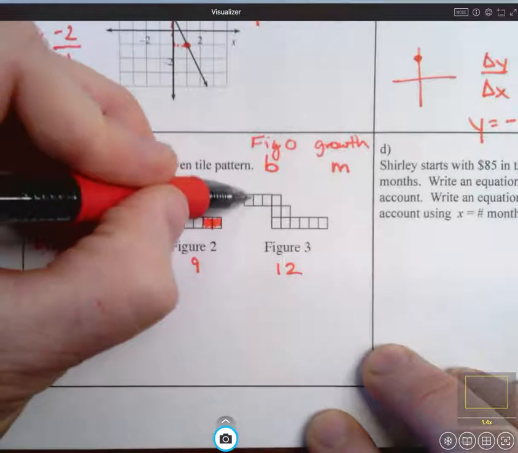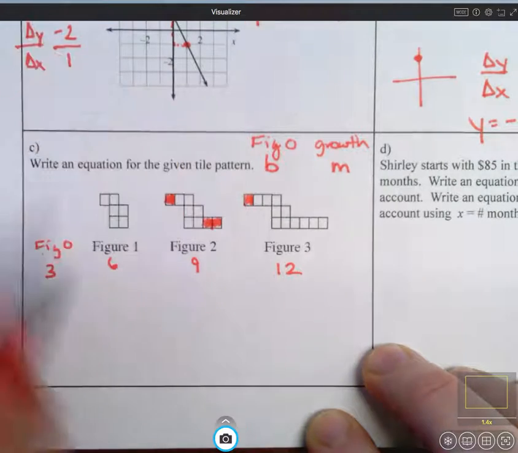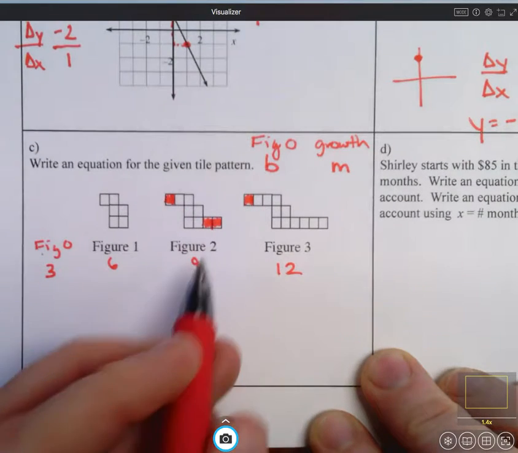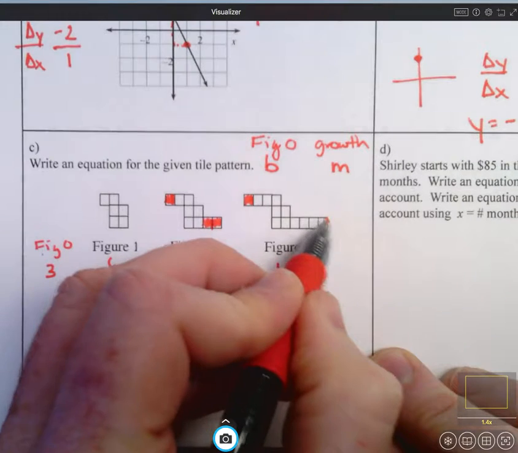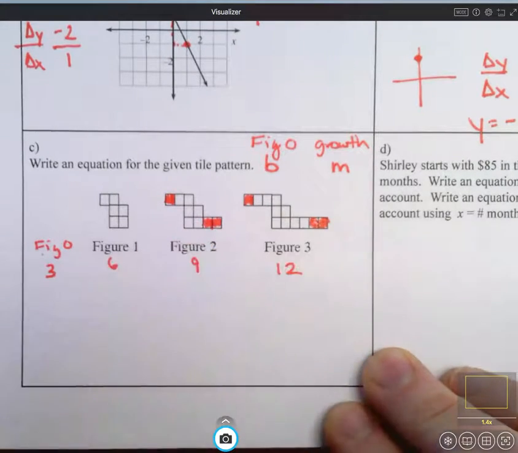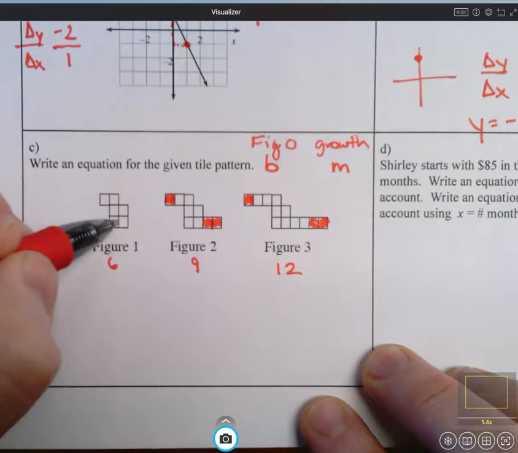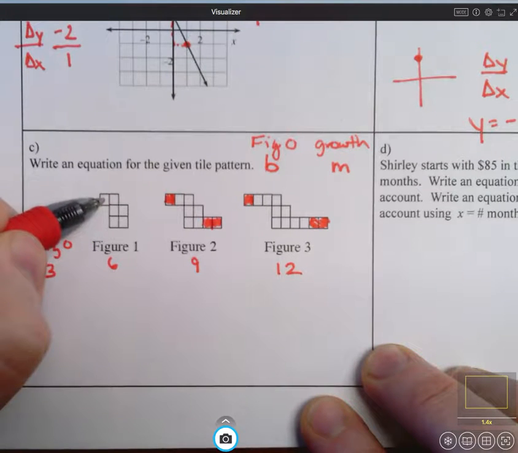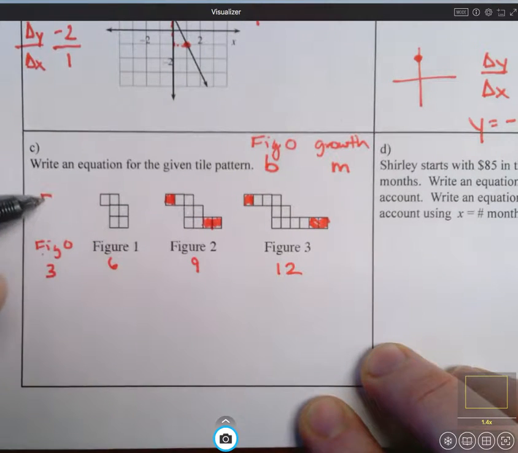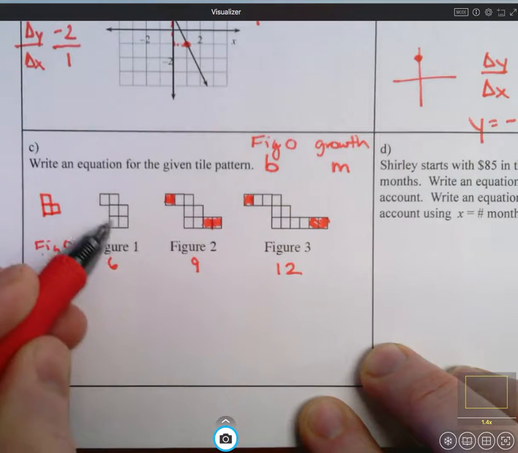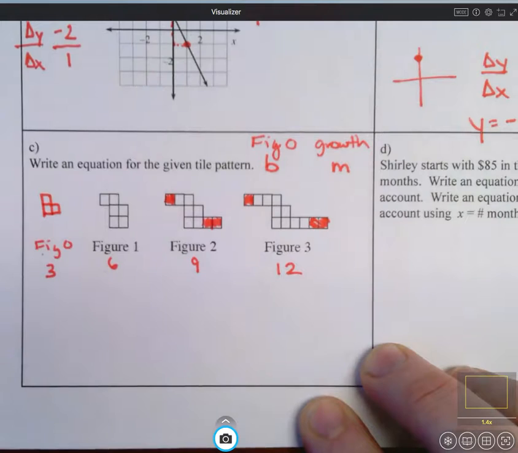So here, this one was added. And if I go from here to here, it looks like these last 2 were added. So figure 0 would lose these and lose that. So I'm just going to have this, because those 2 would be gone, and so would that one.